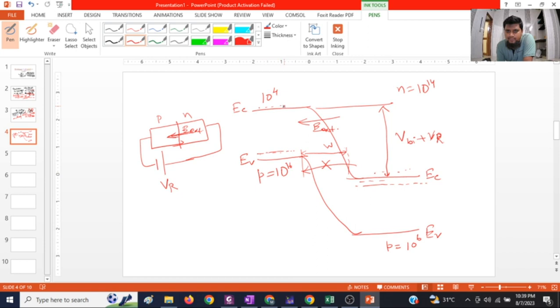Even though the electron concentrations are very small over here, they will accelerate because of this, and they will pass on to the N side.